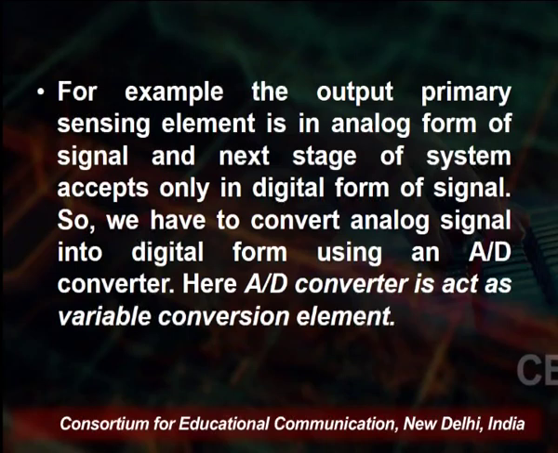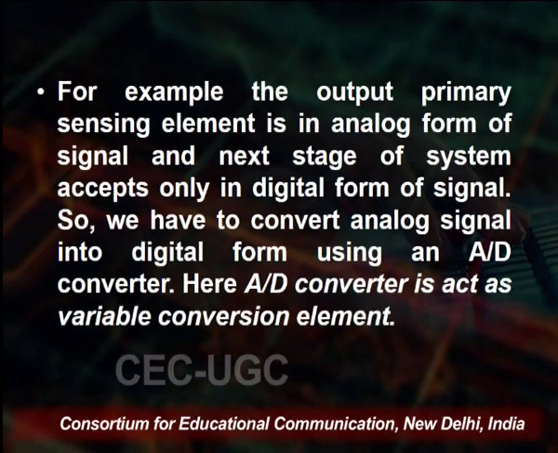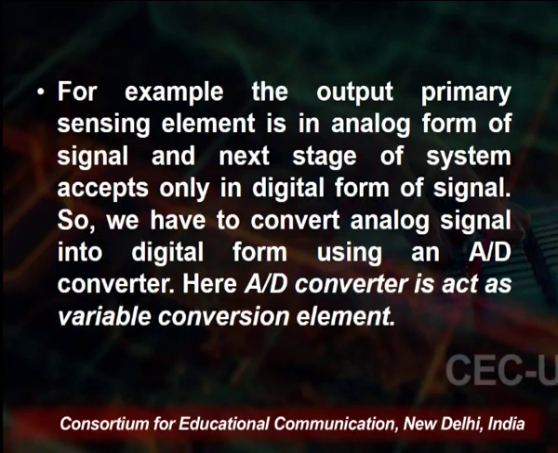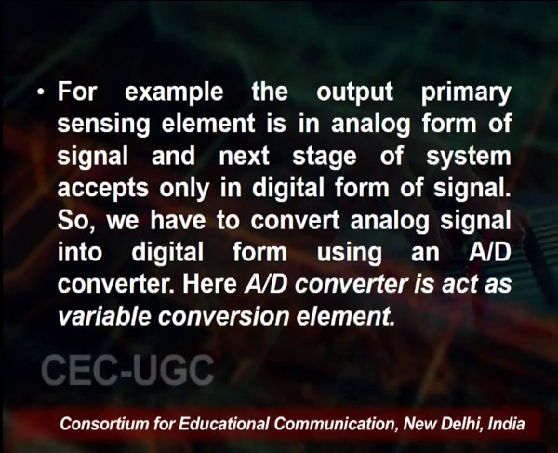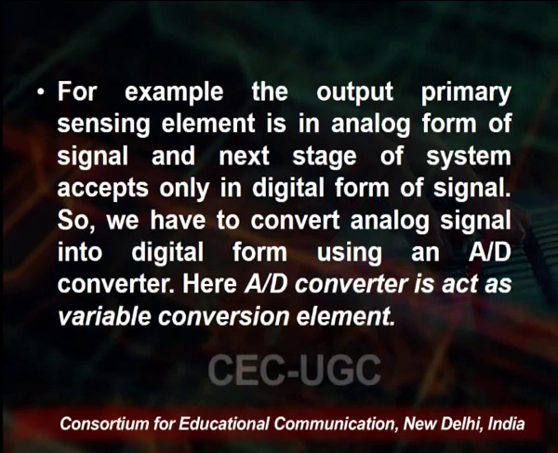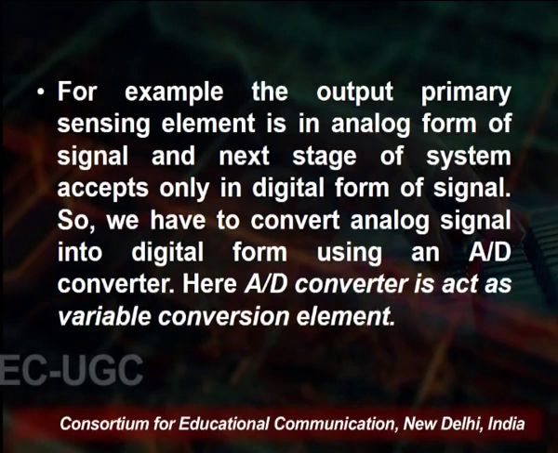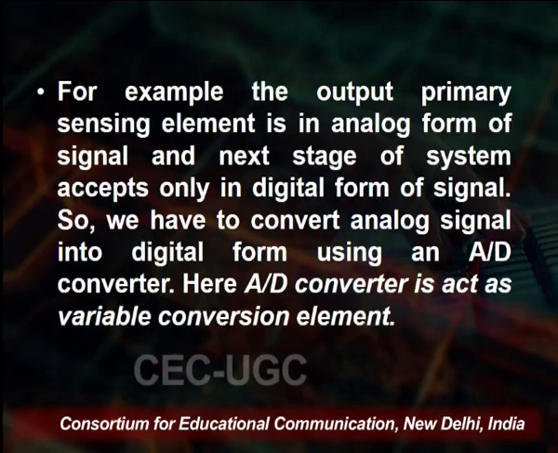For example, the output of the primary sensing element is an analog signal, and the next stage of the system accepts only a digital signal. So we have to convert the analog signal into digital form by using an AD converter. This AD converter acts as the variable conversion element.